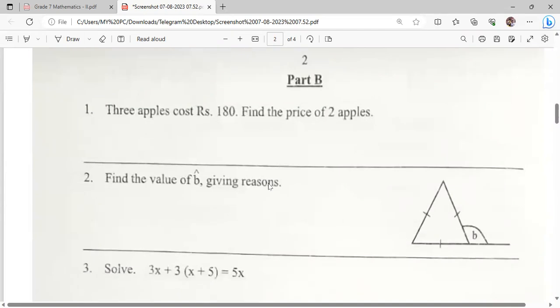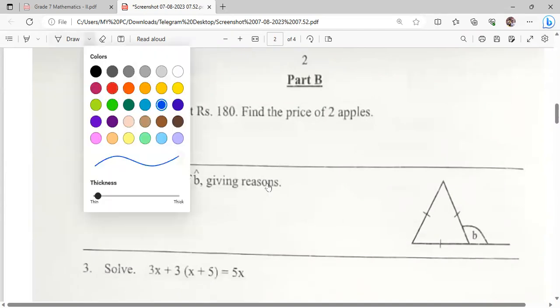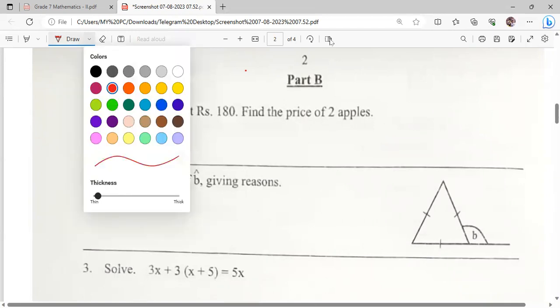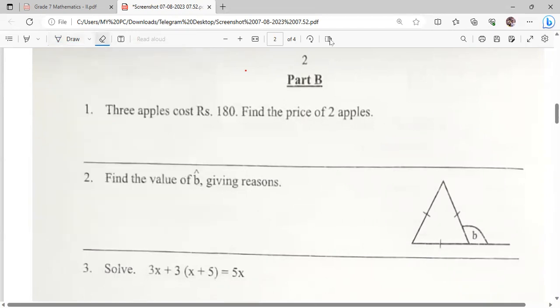Here, the first question, what they have asked, that you want to find that they have given 3 apples price. So then you want to find the price of 2 apples. So this is a very easy question. What you can do, first of all, you find that, I'll make another color. Right, so then you have 3 apples.